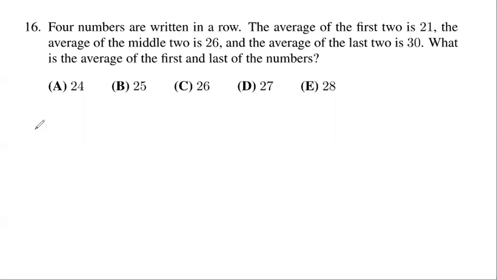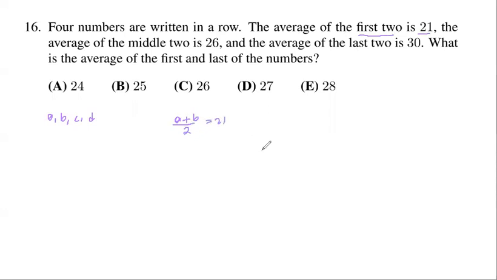Okay, so let's think about those numbers as A, B, C, and D. From left to right, this is the first, second, third, and the fourth one, okay? The average of the first two is 21. So the sum of these two divided by 2 is 21.